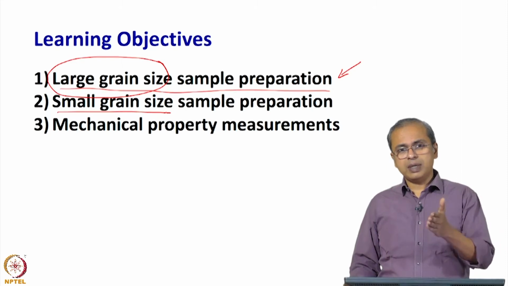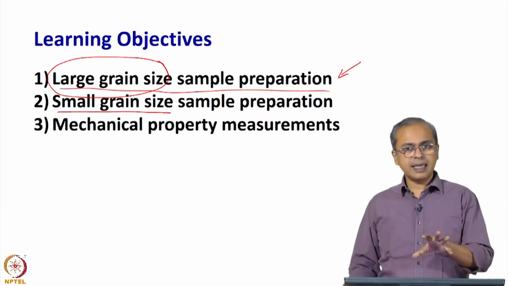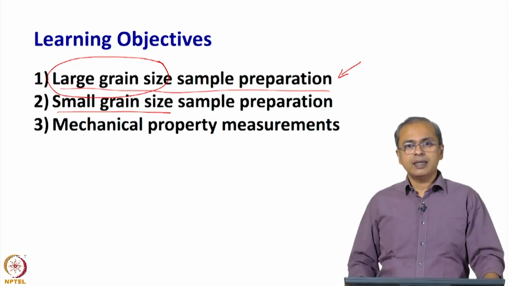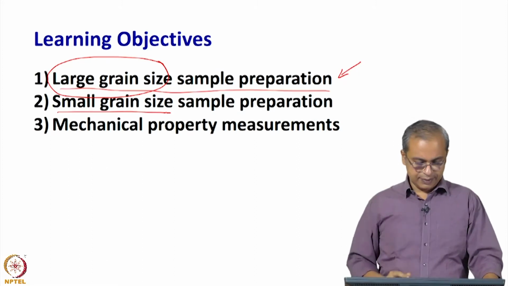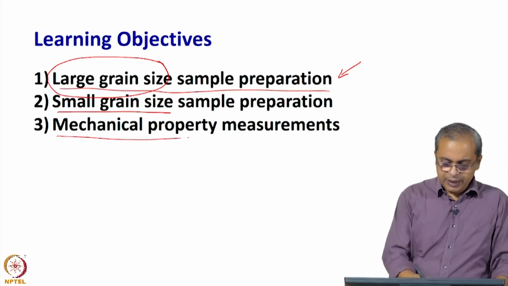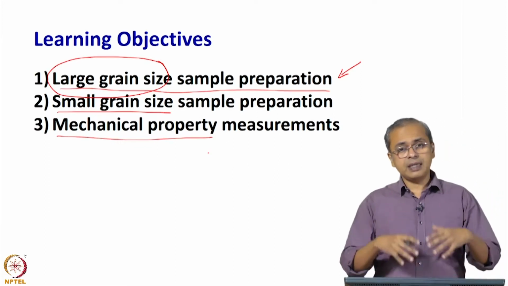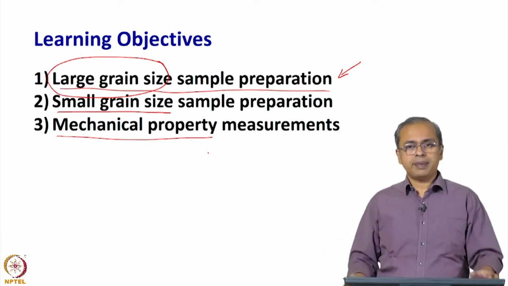So, we also need to look at techniques which will get us these nanoscale grain sized samples, so that we can look at the trend in their mechanical properties as a result of the crystal size. And of course, importantly, if we are looking at mechanical property in the context of this kind of work, we also need to know how would you go about measuring that mechanical property.